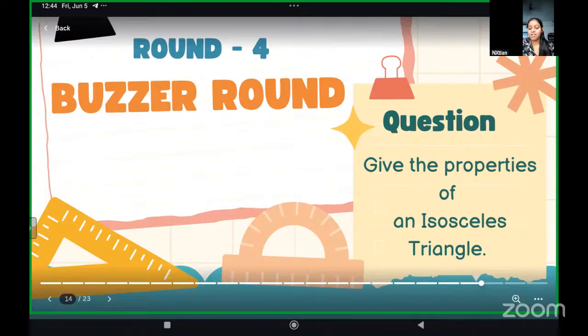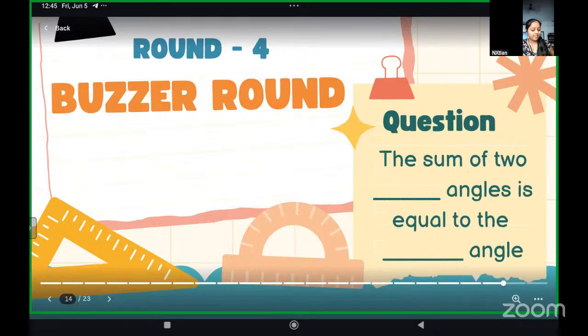Okay. Last question of the buzzer round, not the final. Last question of the buzzer round in three, two, one, go. The sum of two dash angles is equal to the dash angle in a triangle.